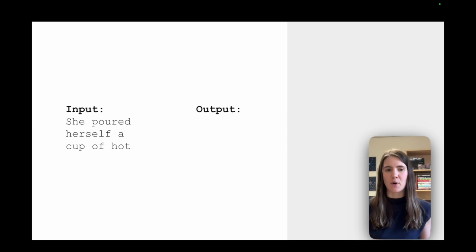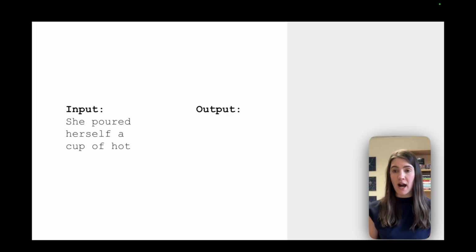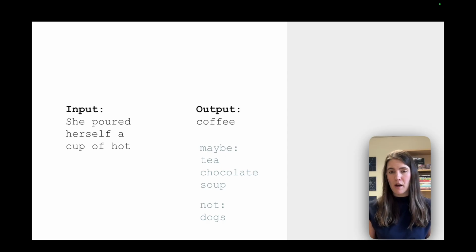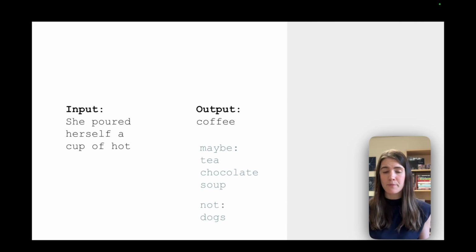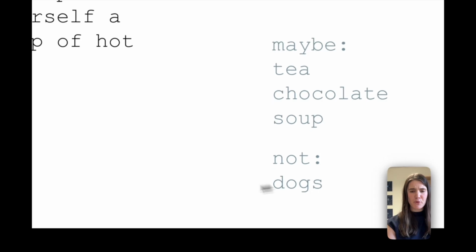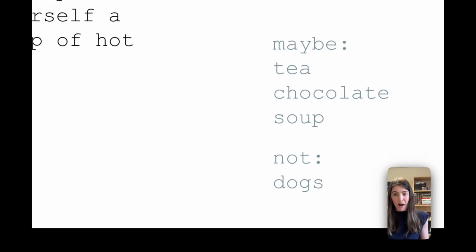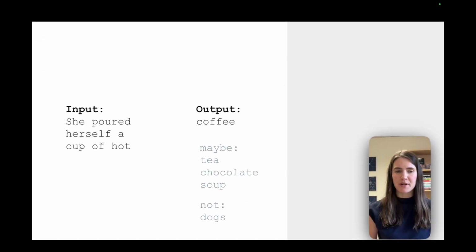Let's try some more challenging ones. She poured herself a cup of hot coffee. But other possibilities could be tea or chocolate or soup, but probably not going to be dogs. How about another one?